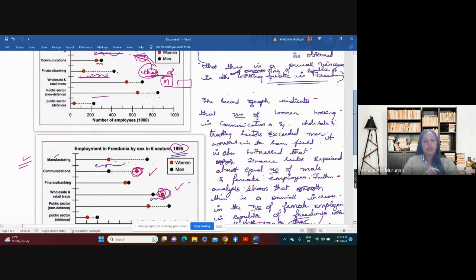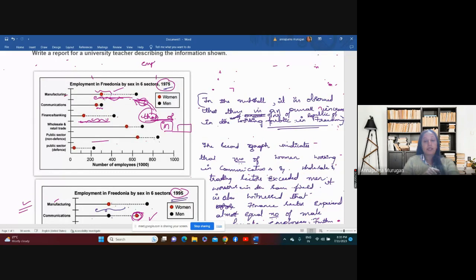In a nutshell, it is observed that there is an overall increase in the number of working public in Republic of Fredonia.